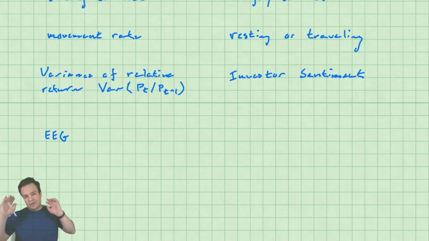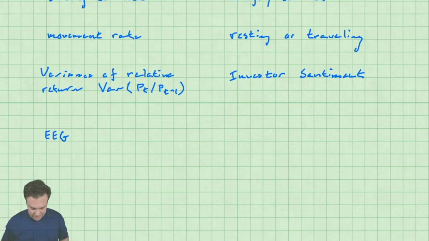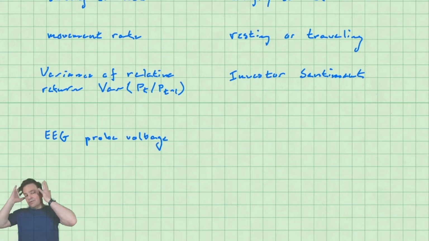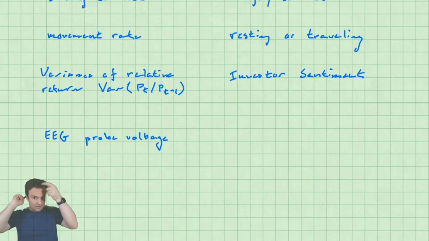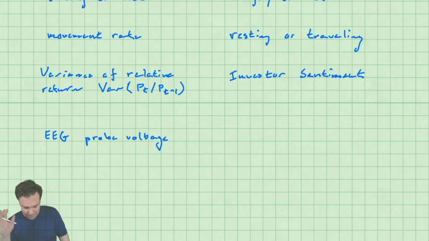It's basically a collection of electrical sensors that they put on a person's head. We'll say this is a probe voltage. It's wires all over the head, and I think it measures potential differences between many different places on the head. I'm not actually sure exactly what it measures, but it's some kind of continuous process.